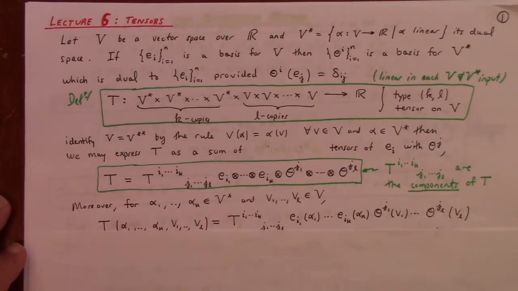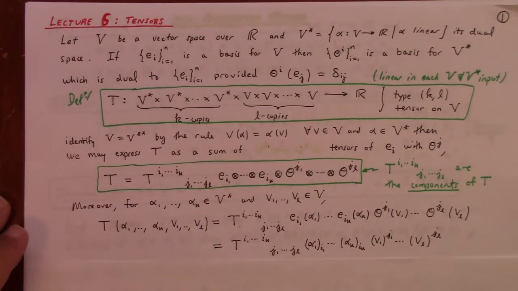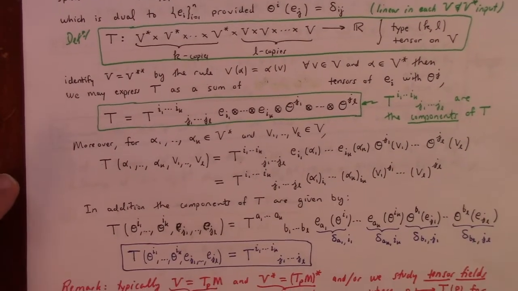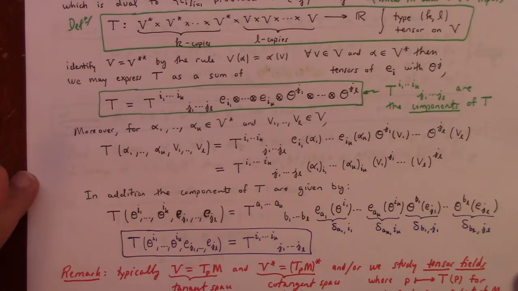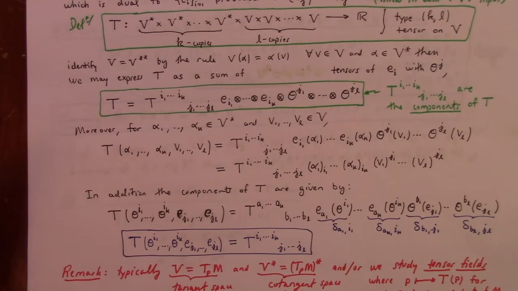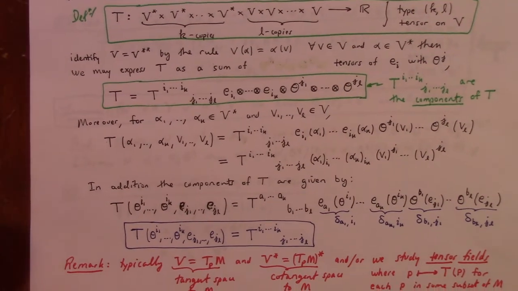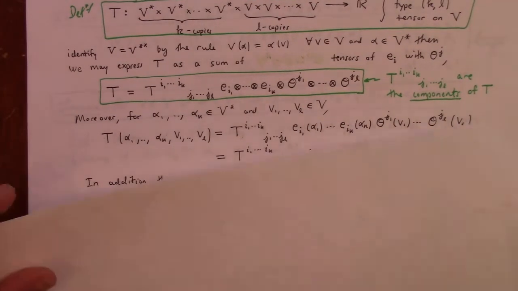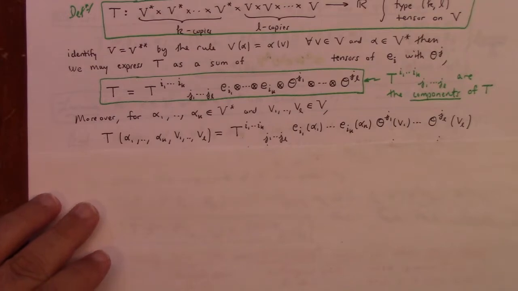Now, here's how that actually works out. I haven't actually taken the time to carefully define the tensor product of those maps, but it's essentially equivalent to the formula I write right here, and here it is.